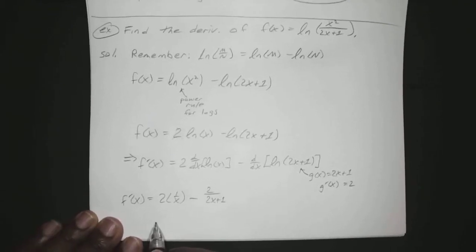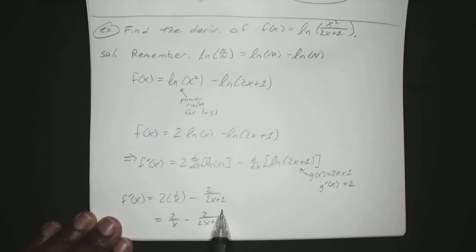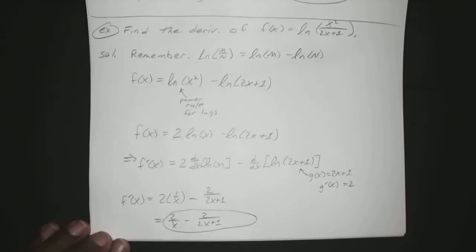Or if you wanted to rewrite it, you can make it 2 over x minus 2 over 2x plus 1. All right, and that's your final answer.